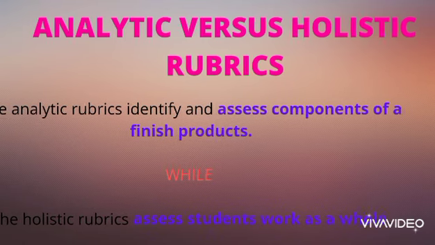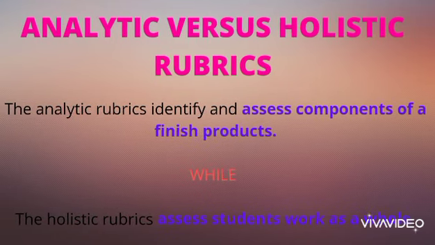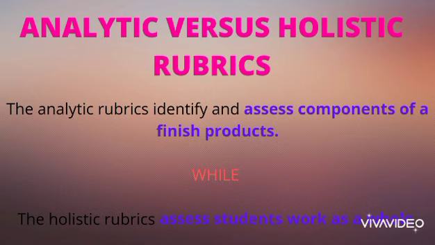So the difference of analytic and holistic rubrics is that the analytic rubrics identify and assess a component of finished products, while holistic rubrics assess student work as a whole.